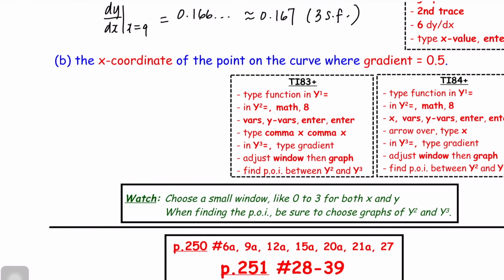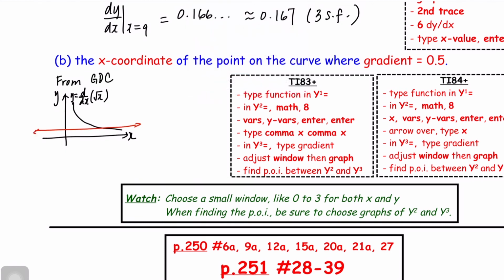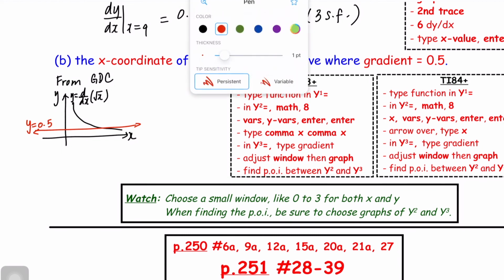I can write, from the GDC. On the IB exam, you will have to show a sketch of the graphs that you see. So let me do that. Here is the derivative function, and then we also have our second function, which is y equals 0.5.